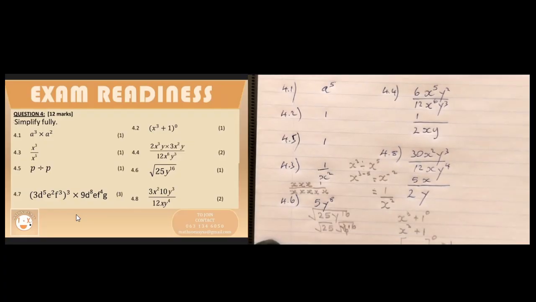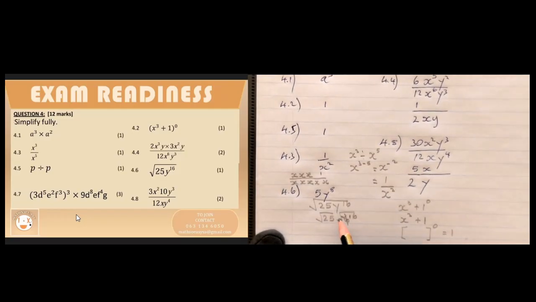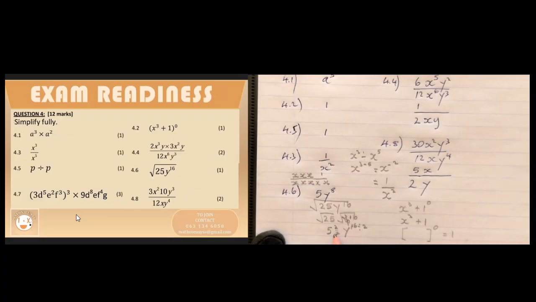Without changing its original value. Then this one, we know that there's an invisible 2 there. So we do what? We say 16 divided by 2. But this one, we don't divide by 2. We take the square root because this one is 5 squared. And if I divide a 2 by 2, I'm going to have 5 to the power of 1, which is that. Here, 16 divided by 2 gives me an 8.